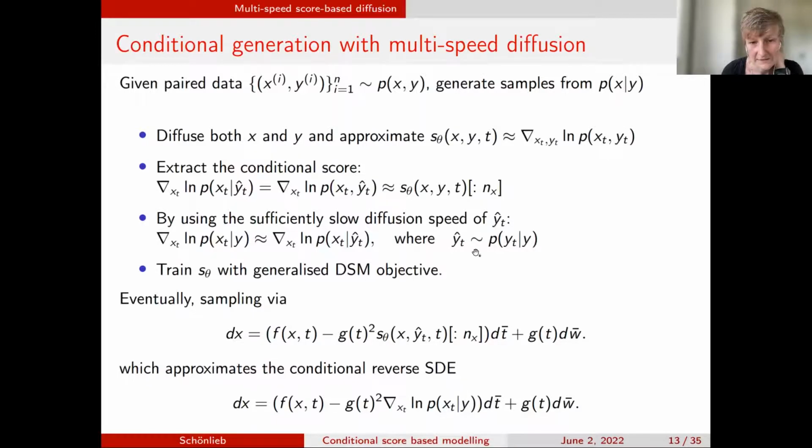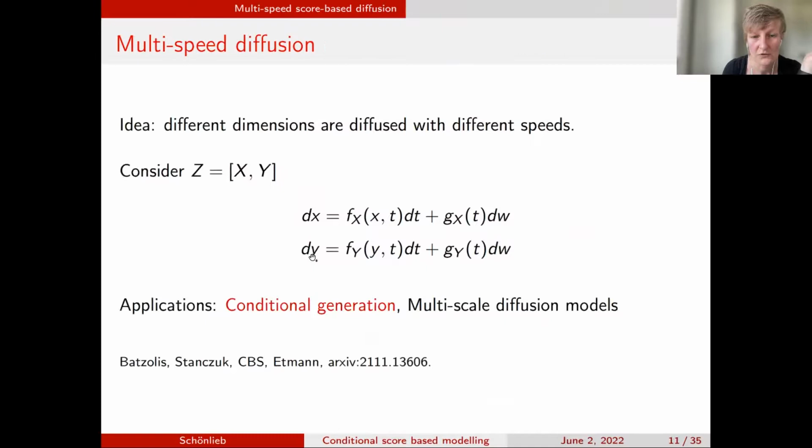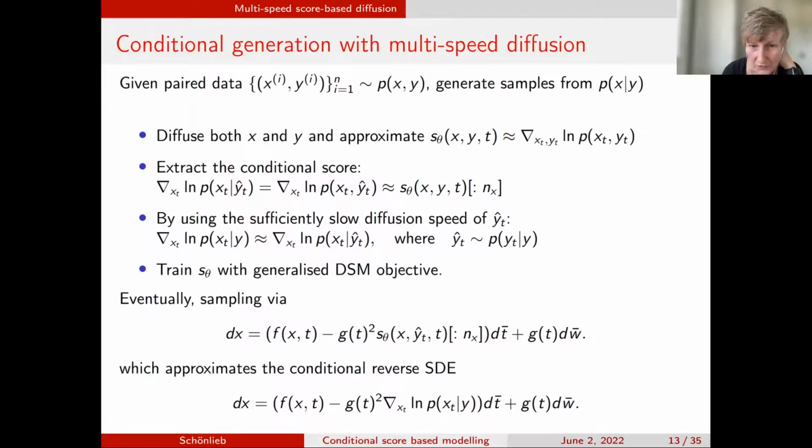But there is another thing that you can convince yourself of: if you choose the diffusion speed of the diffusion process for Y slow enough, small enough, then the conditional log density you are actually interested in is approximately the same as the gradient of the conditional log density that you can approximately compute.